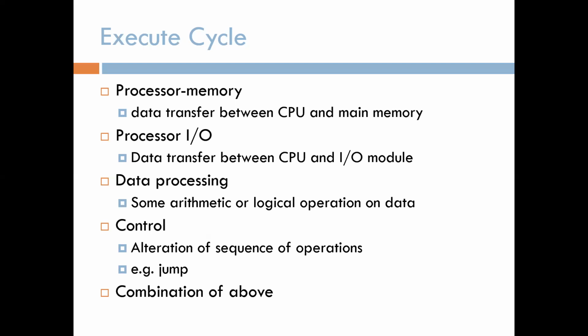Also, processor input-output, data transfer between the CPU and input-output. Some arithmetic and logic operations need to be done for data processing. And then controlling: the sequence of operation needs to be done as well. So all of these things, and a combination of these things, will be done in the execute cycle. So just to give you another example.